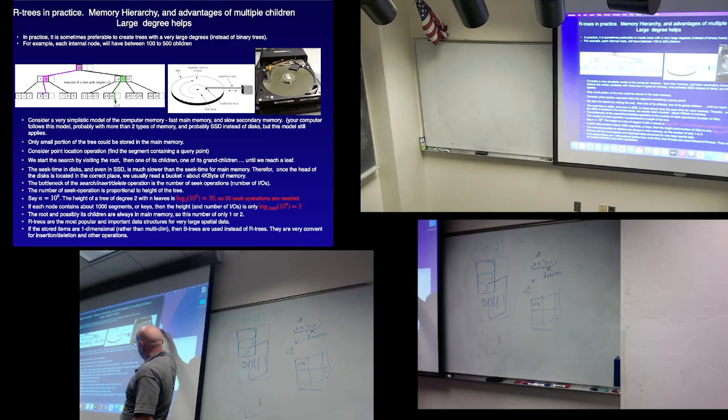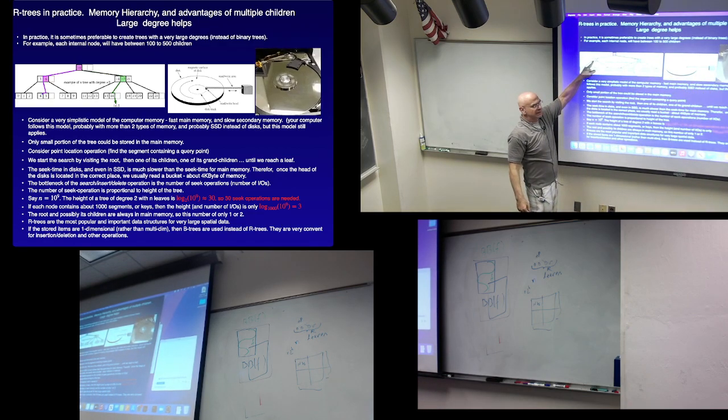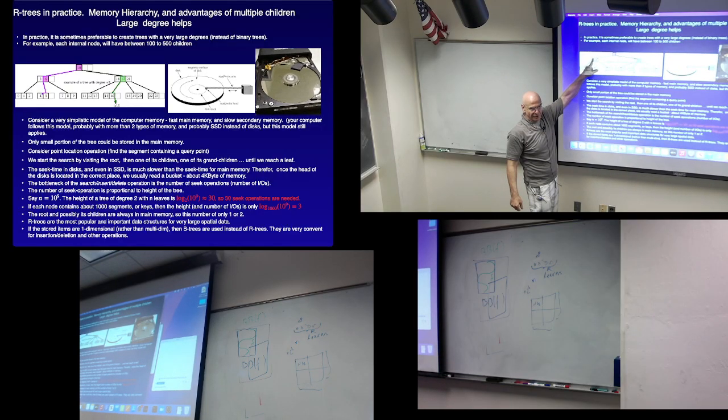So what I will do is think about an R tree, but now an internal node does not correspond only to 2 segments, but maybe to 3 or 4 or 100. 100 sounds like a good number. A leaf will store 100 segments. Its parent will store 100 bounding boxes.